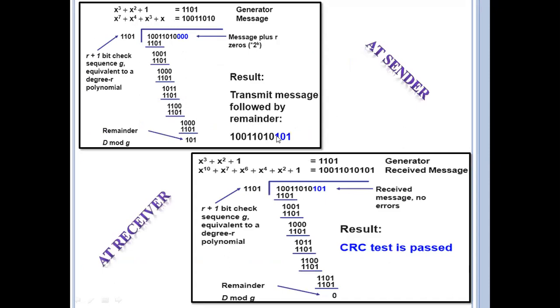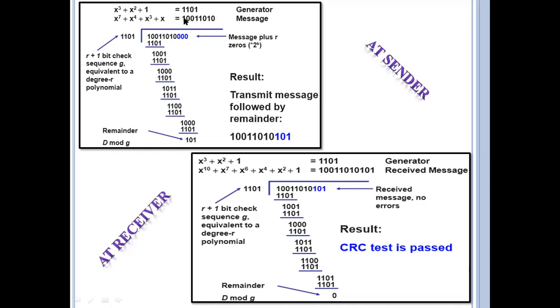At the sender side and at the receiver side, this is the polynomial equation. For x naught, no need to write. X power 1 is x. X power 2, no need to write. X power 3 plus x power 4, and so on, x power 5, x power 6 and x power 7. So x power 7 plus x power 4 plus x cube plus x.